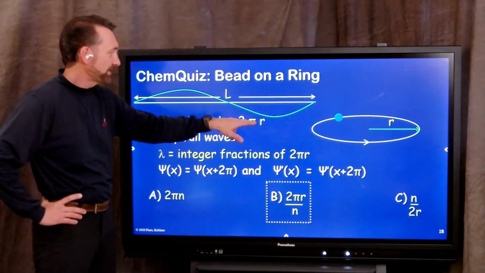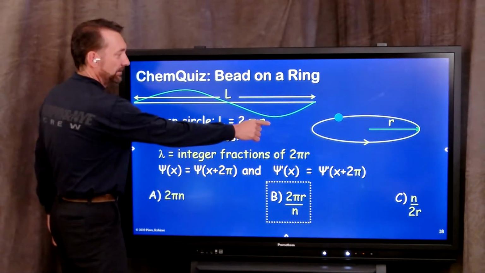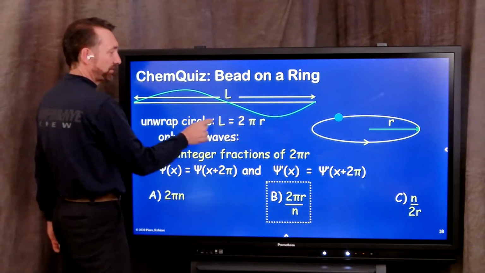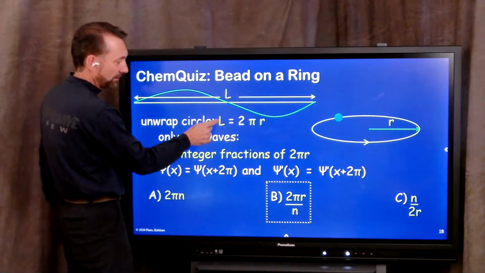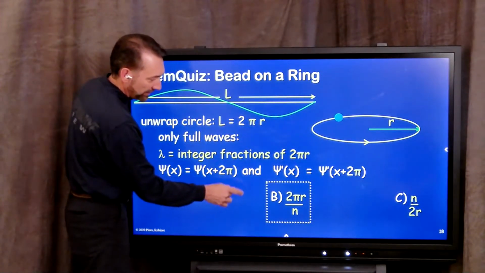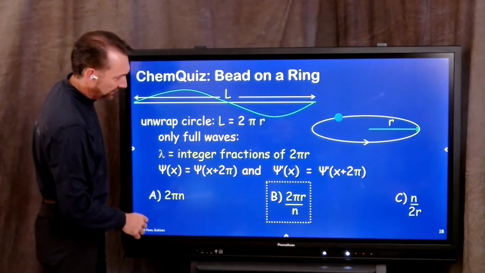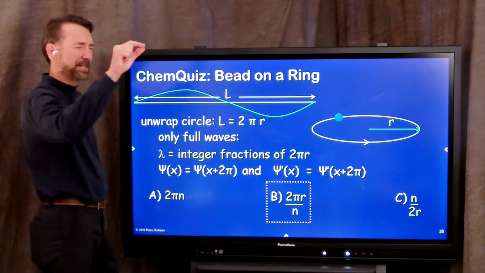The length has to be multiples n. So I can put the n there and then solve for the lambda in terms of the length, which is now 2 pi r. And I do believe I get to that. It's n times 2 pi r.